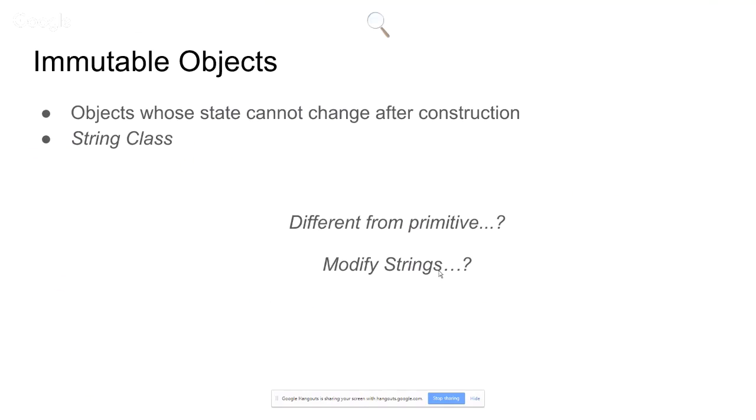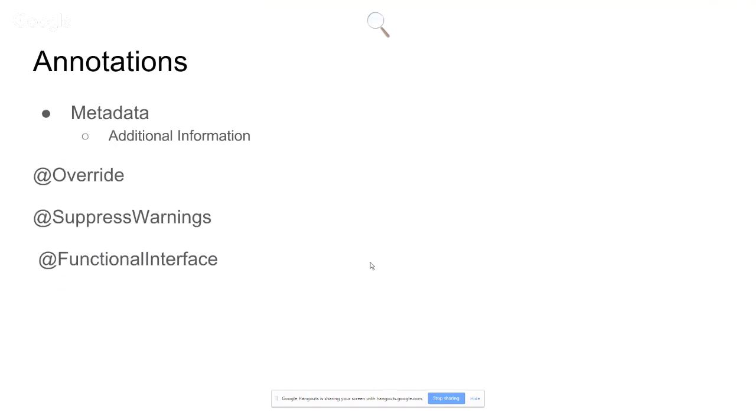Strings cannot be modified, but you can create a new modified string, like in the example with my string 2 and my string 1, where we concat those and create a new string called string 3. Okay, so let's keep going.